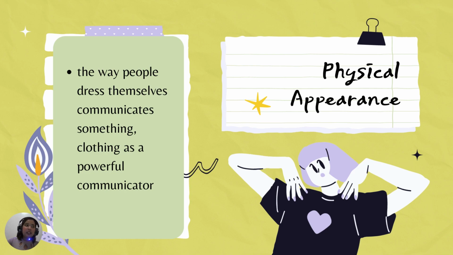So again, physical appearance is really something, especially now in the millennial or digital era. But that doesn't mean it justifies who they are. That is what we mean by physical appearance as one of the categories of nonverbal cues.